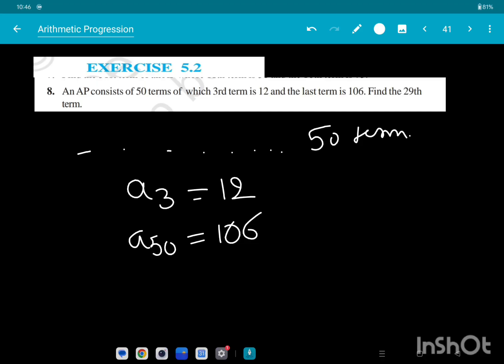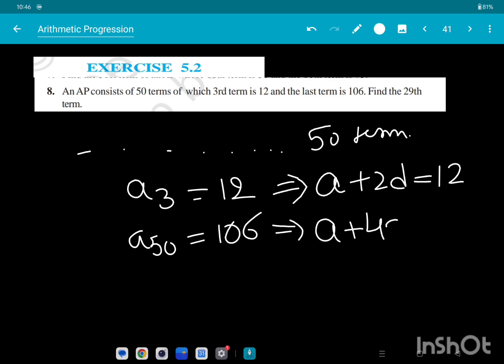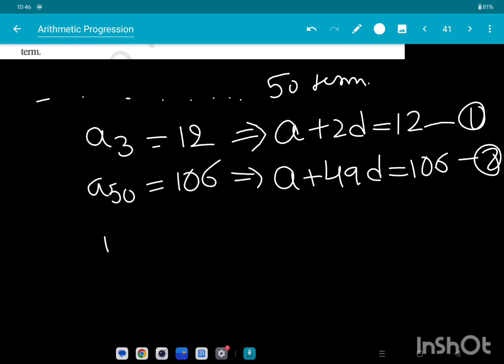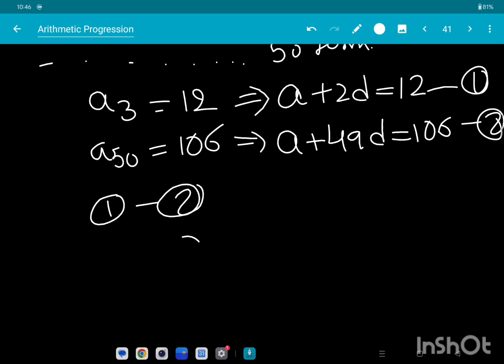So the A50 is 106, which means I can write it as A plus 2D is equal to 12, and here A plus 49D is equal to 106. Let's say equation 1 and equation 2. If I solve equations 1 and 2, then I'll get A and D values. Then it will be easy for me to find the 29th term. So if I solve this, 1 minus 2, A plus 2D is equal to 12.